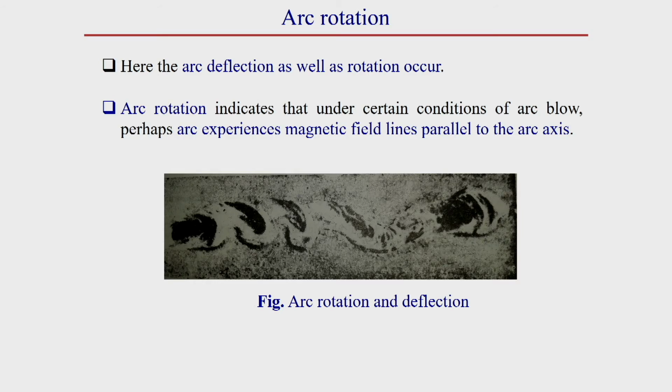Instead of the magnetic flux lines being generated in the transverse direction, these types of things can happen: perhaps the arc experiences a magnetic field line parallel to the arc axis. Along the arc axis, a magnetic field line can also be generated parallel to it. Due to this, these types of arc rotation as well as arc deflection occur.